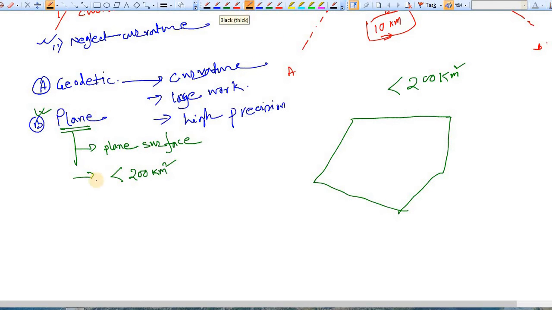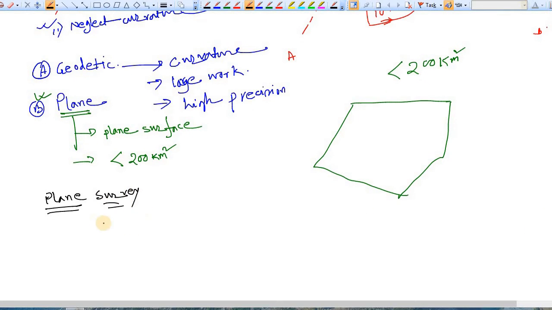Now when we are talking about plane surveying, it also has many more subdivisions based on the work. Let's say you are simply interested in measuring the boundary of your private property, which is hardly 2000 square feet. So you are interested in measuring the boundary.